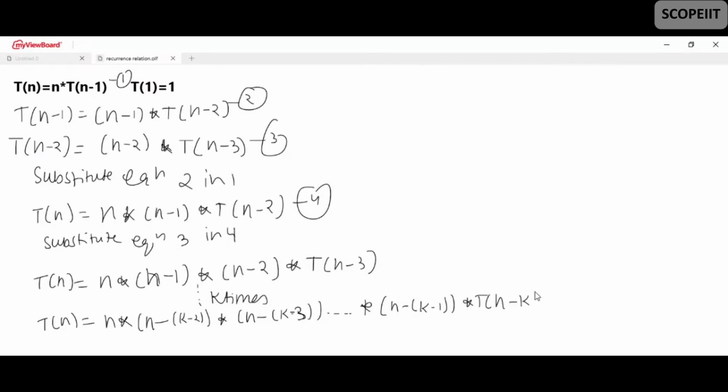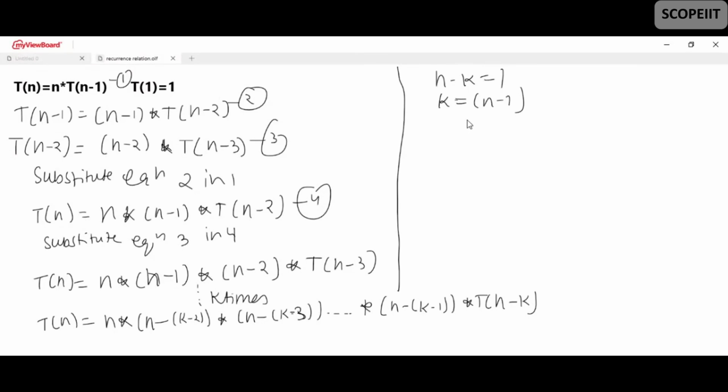T of n minus k, and the initial condition is T of 1. So here what will happen? It will become n minus k is equal to 1, hence I can say that k is equal to n minus 1 in this case.